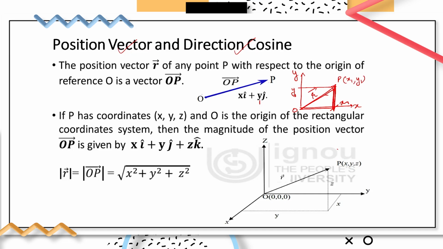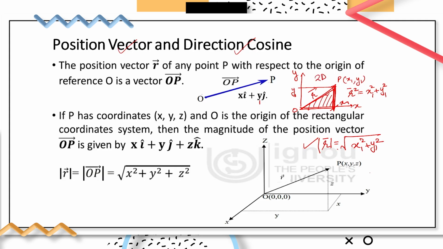Applying the Pythagoras theorem, hypotenuse square, that is R square, should be equal to base square plus height square. So, that means what is the magnitude of R vector? Square root of x1 square plus y1 square. So, this is the magnitude when we are having the point in a 2-dimensional space.